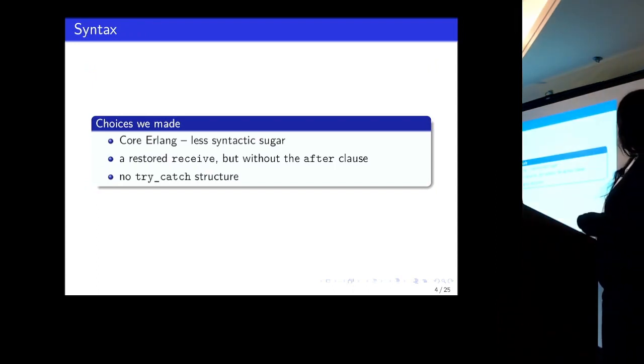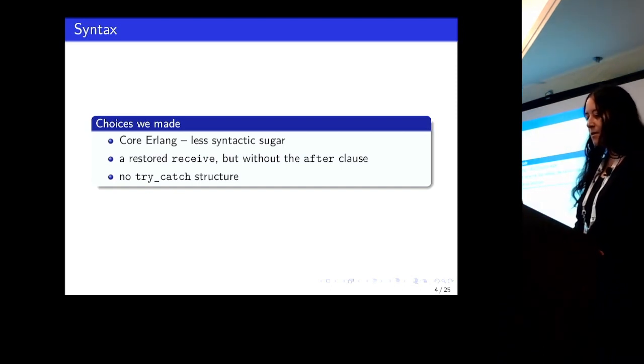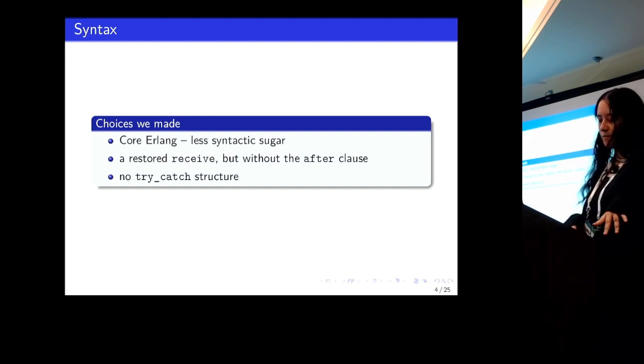Syntactically speaking, we are using Core Erlang over Erlang because of less syntactic sugar, and the compiler is able to produce Core Erlang from Erlang code, so it should be okay. Since an update, the receive is not exactly a receive anymore when you compile from Erlang code, so for our model, we are using a receive on our side.